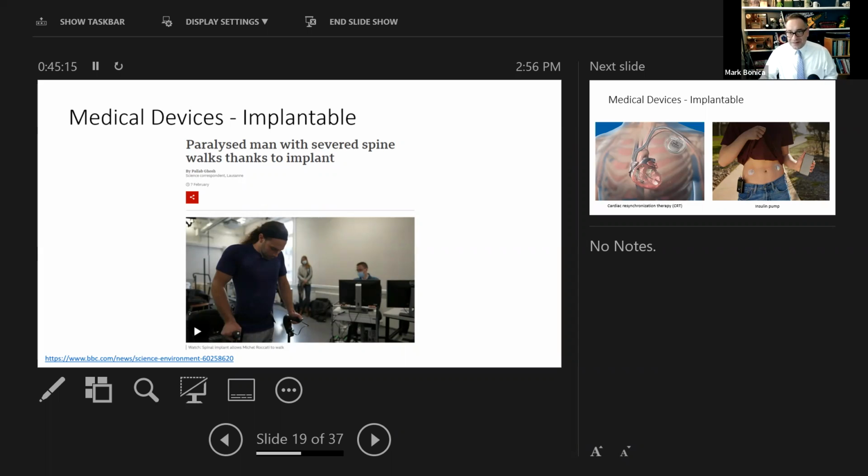We've got a long way to go, but this is a thing that might happen in your lifetime, where for somebody who's paralyzed, we could potentially do an implant in their brain, wire it in, and they might be able to walk, maybe not normally, but walk, right? As opposed to being limited to a wheelchair. So implantable devices are an important part.